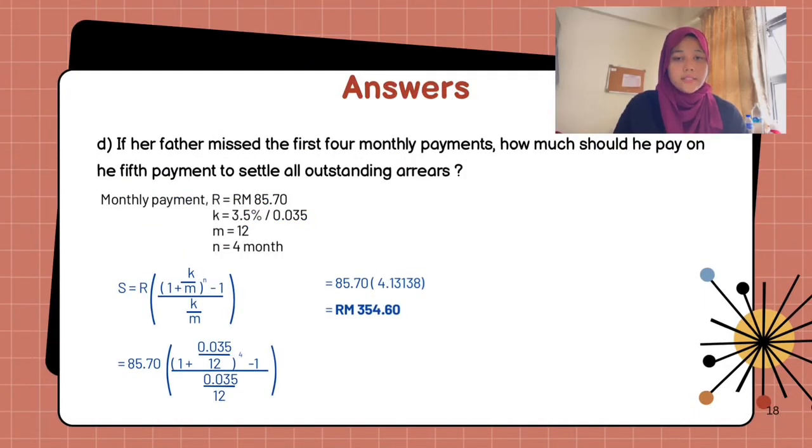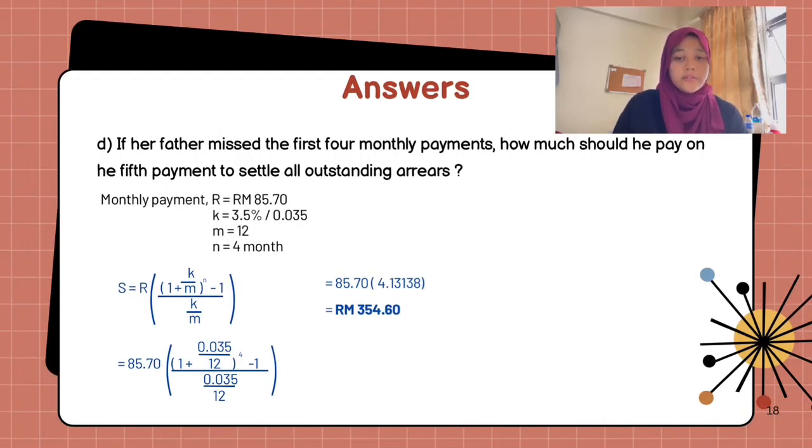For question D, if the father missed the first 4 monthly payments, how much should he pay on his 5th payment to settle all outstanding arrears? Monthly payment R equals RM 85 ringgit 70 sen, K equals 3.5%, M equals 12, and N equals 4 months. Use this formula to find S. S equals R open bracket 1 plus K per M close bracket power N minus 1 per K per M close bracket.